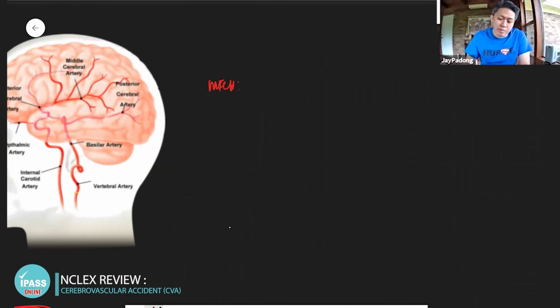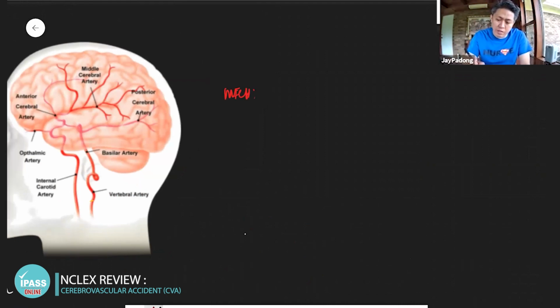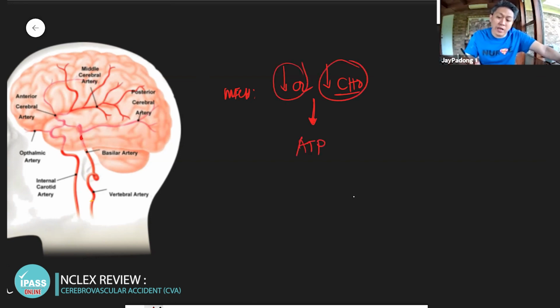Your mechanism is, as I've said, decreased O2, decreased blood sugar. If this area here is deprived of oxygen because of the factors that I mentioned, basing on the type of your CVA, with decreased oxygen and glucose, what's going to happen? Remember, O2 and your glucose is needed in the synthesis of your ATP.